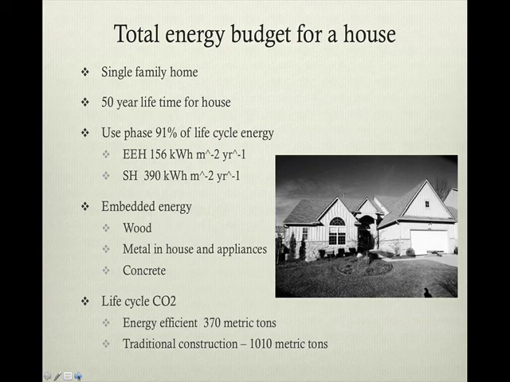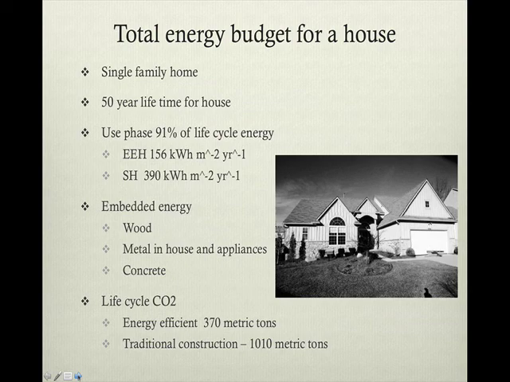And in the energy efficient home, it used 156 kilowatt hours per meter square of house per year, and the standard home construction required about twice as much energy per year. So that's really the difference between these two homes: what's the operation cost? But when they built them, there was more energy required to build the energy efficient home, and we call that the embedded energy.